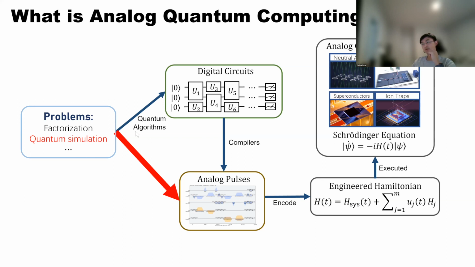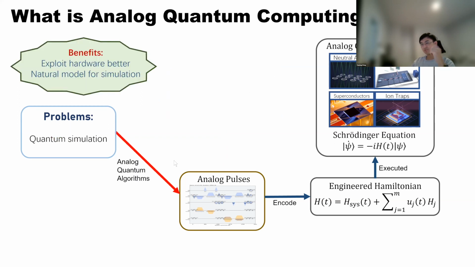And this detour can be ignored here. So if we can develop some analog quantum algorithms that directly solve quantum simulation problems and generate analog pulses, which represent a very neat way to represent several engineered Hamiltonians, then we can exploit the hardware better.